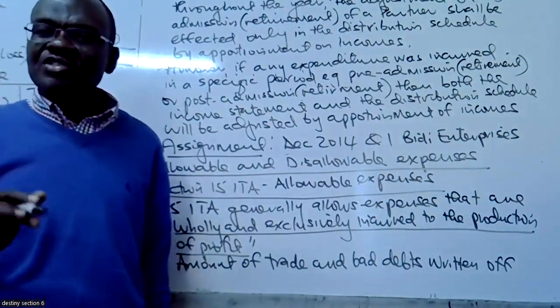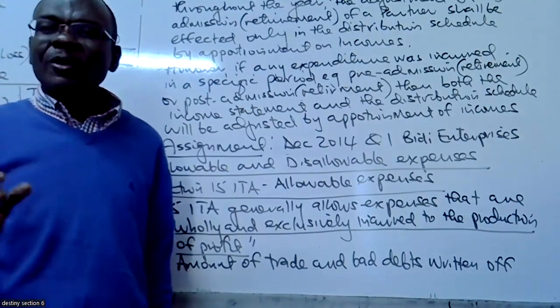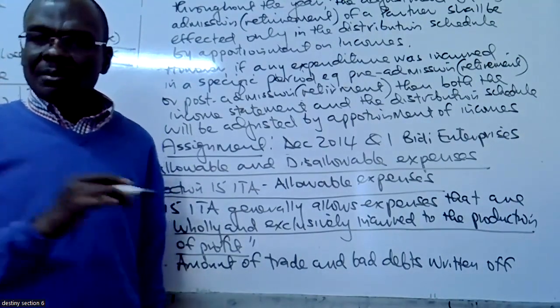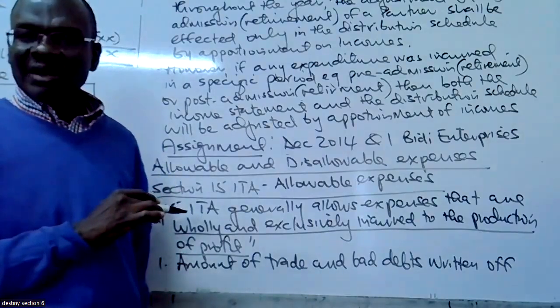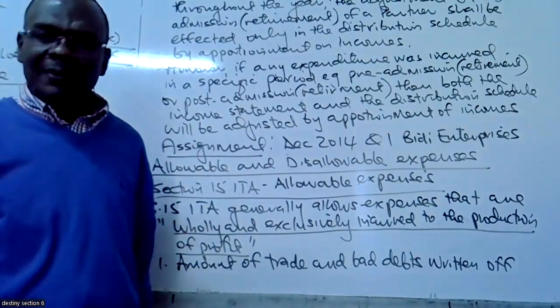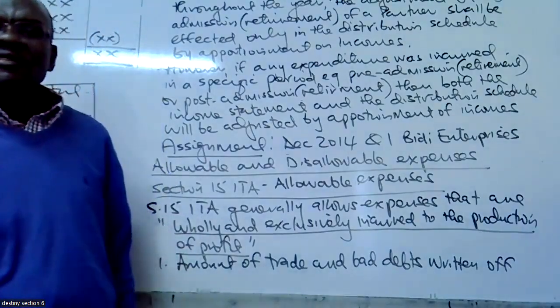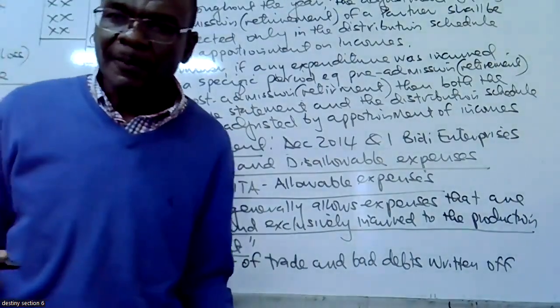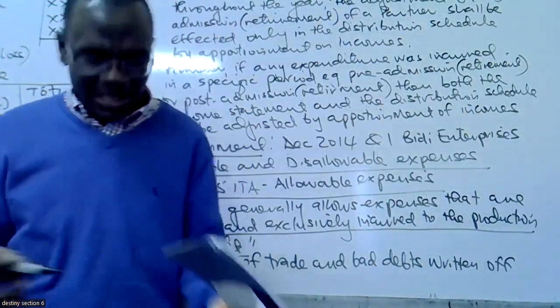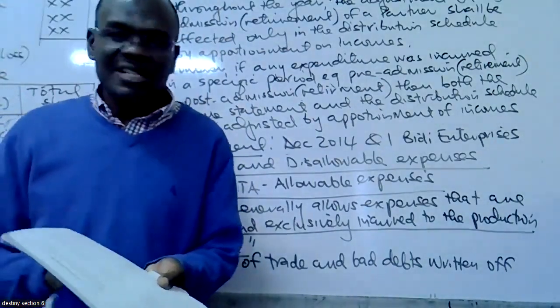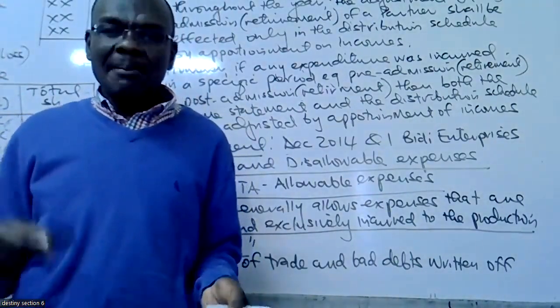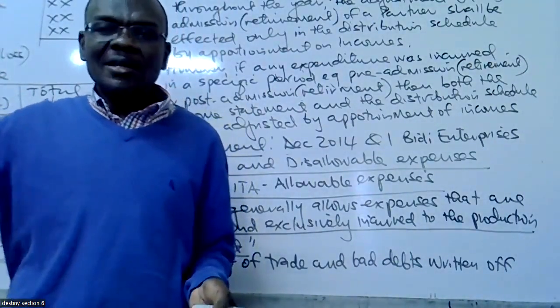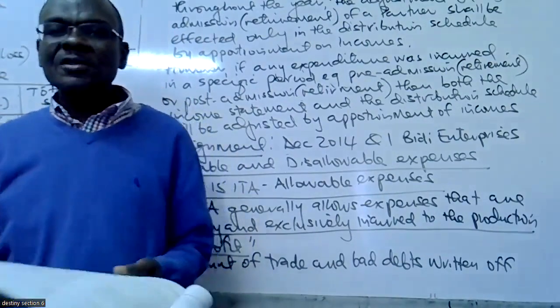What does the business trade in? So that has to be the amount we write off. Another example, if the company gives loans to employees and the employees fail to pay, that is not a business bad debt unless the company is a bank, which normally deals in loans.